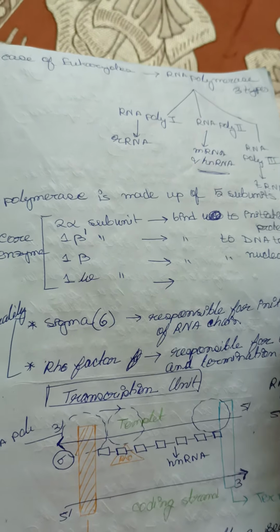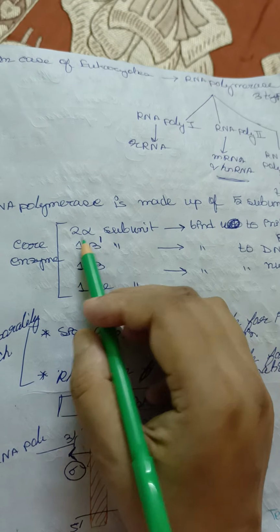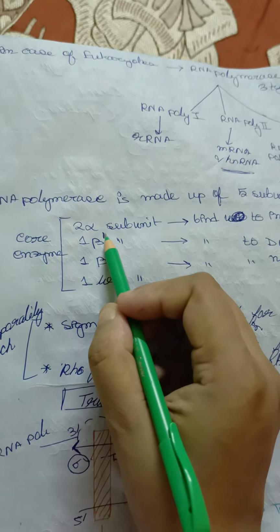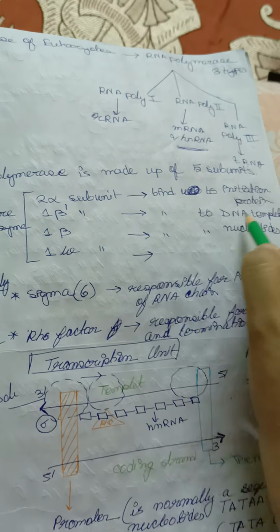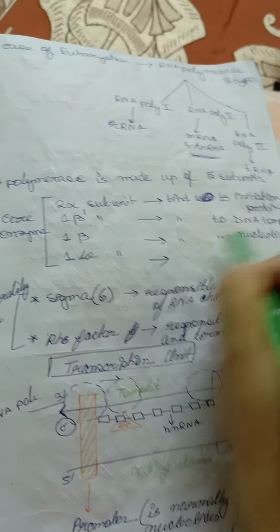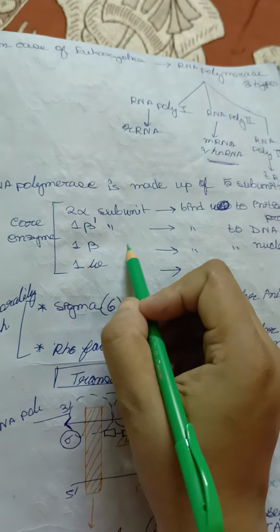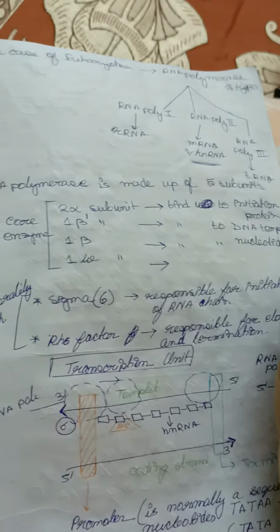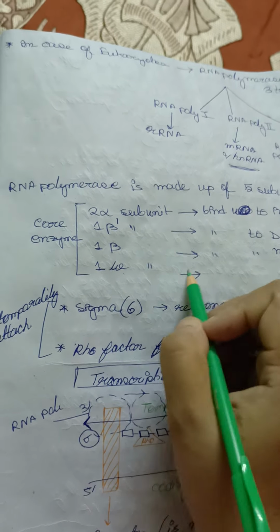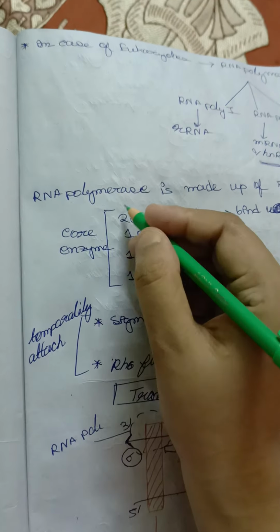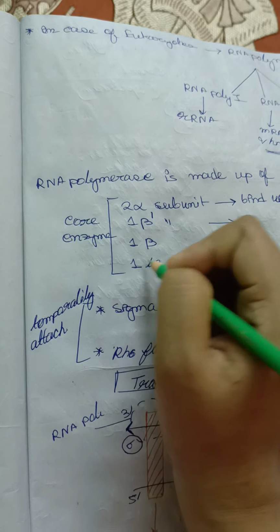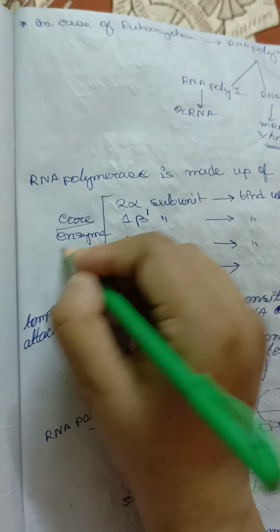One beta dash subunit binds to the DNA template strand part, and one beta subunit binds to nucleotides. The other one is 1 omega subunit. These 5 subunits are called the core enzyme.